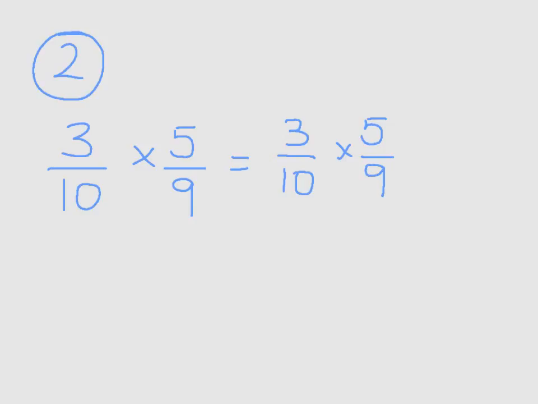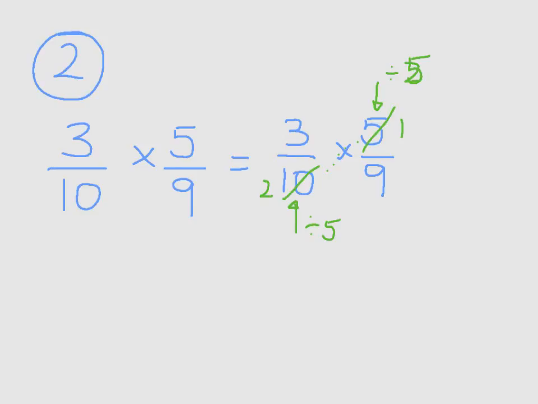And we are going to simplify across the diagonals. So we're looking for a common factor of 5 and 10. So we can divide both by 5. So 5 divided by 5 is 1, 10 divided by 5 is 2.